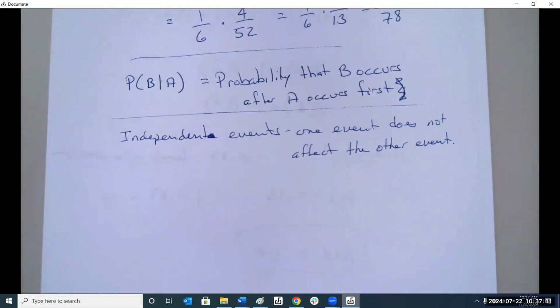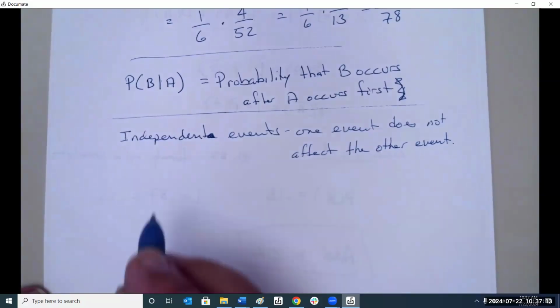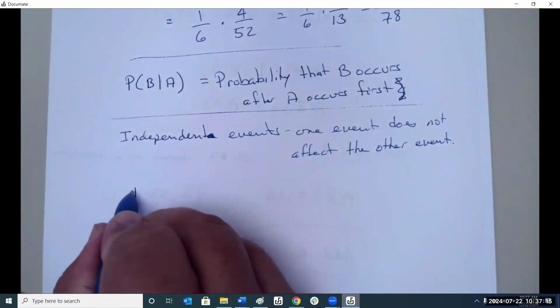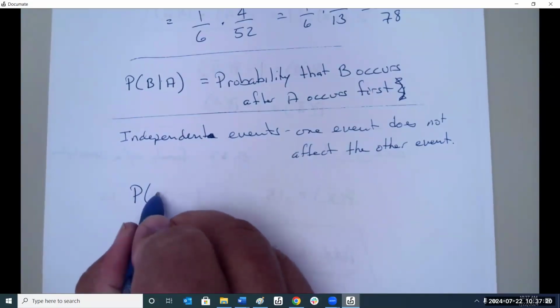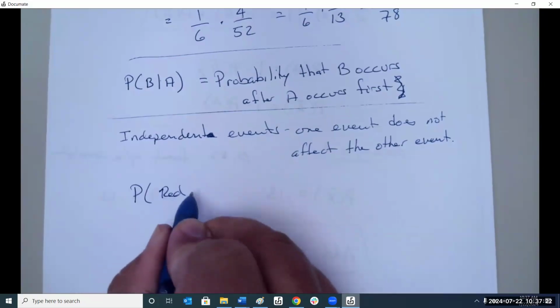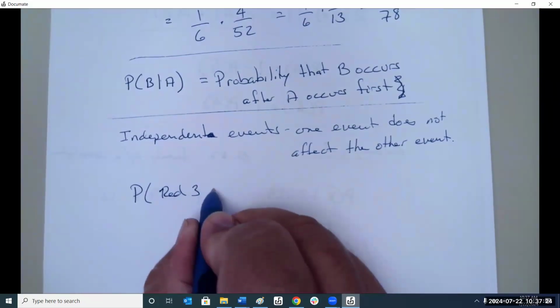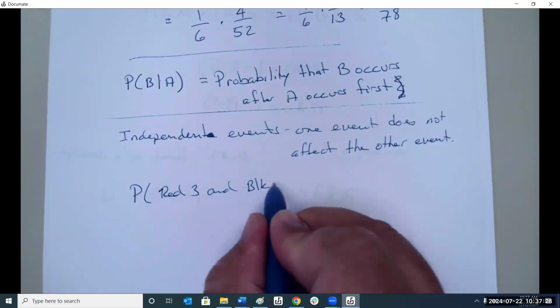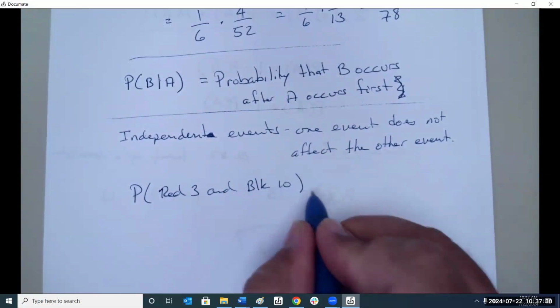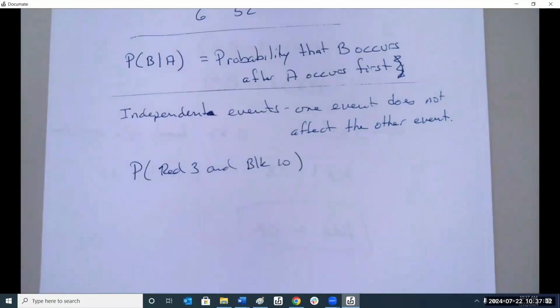Here's an example. The deck of cards. The probability of picking a red 3 and a black 10. What's the probability of picking a red 3 and a black 10?